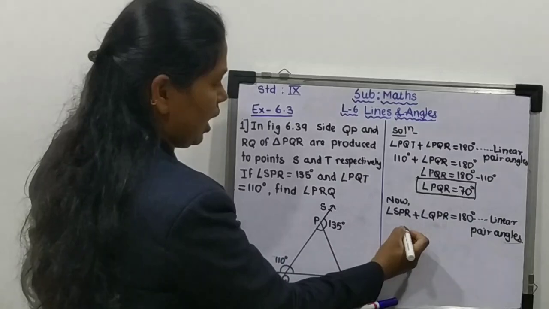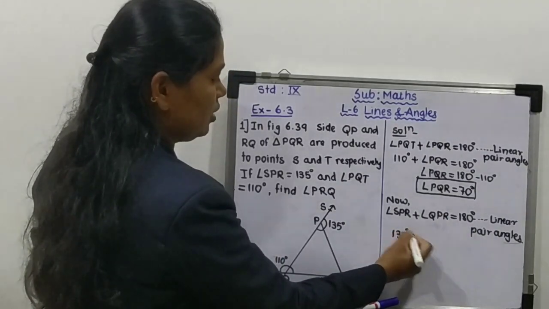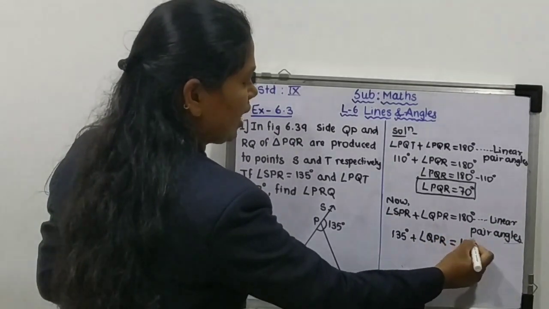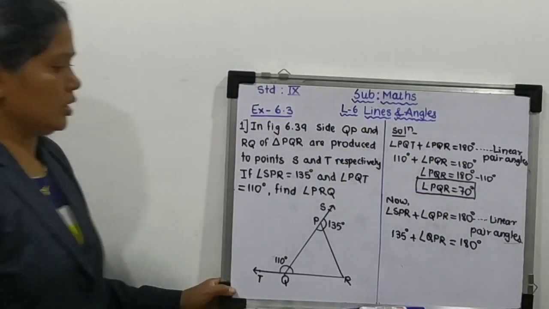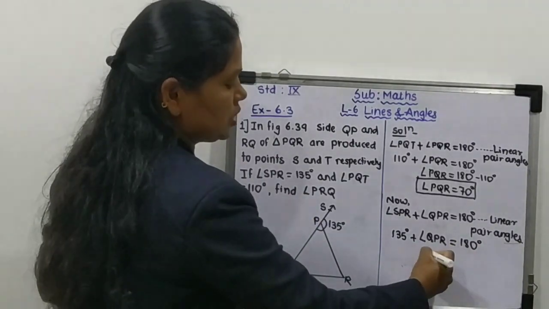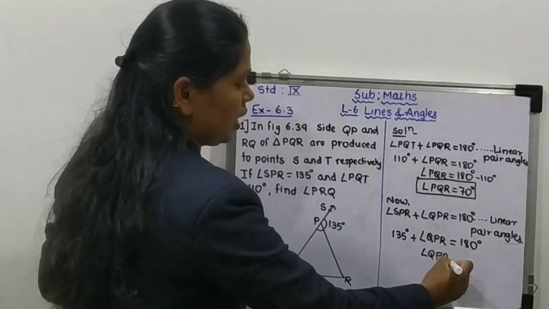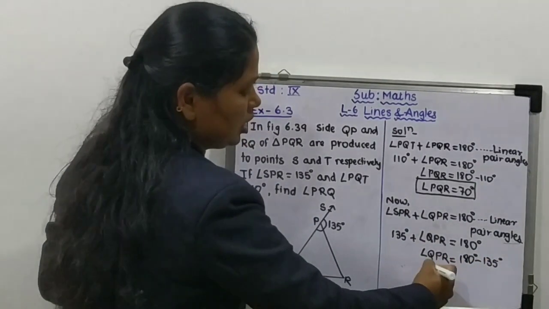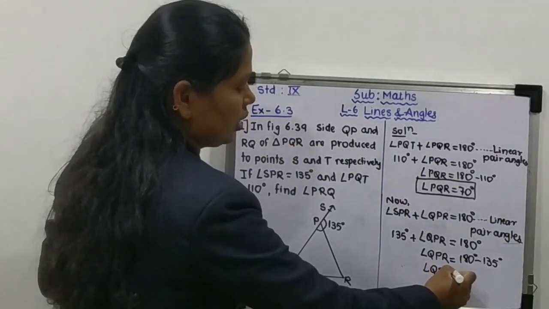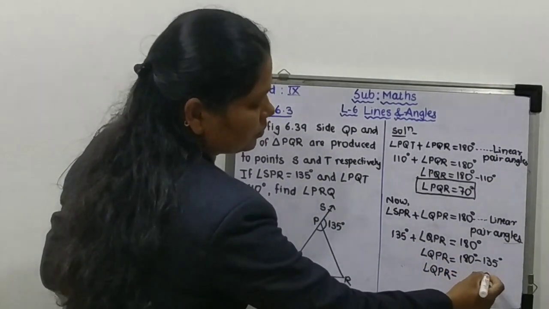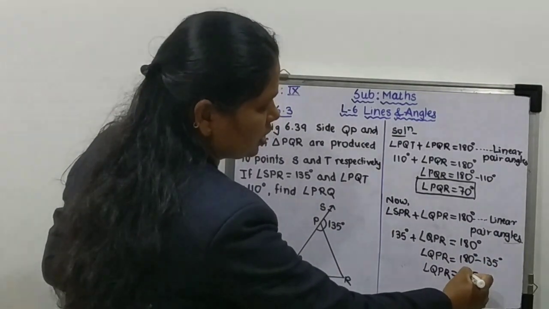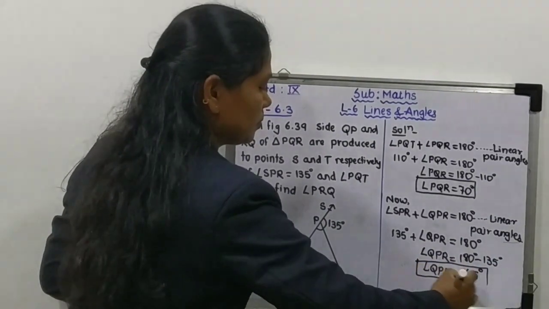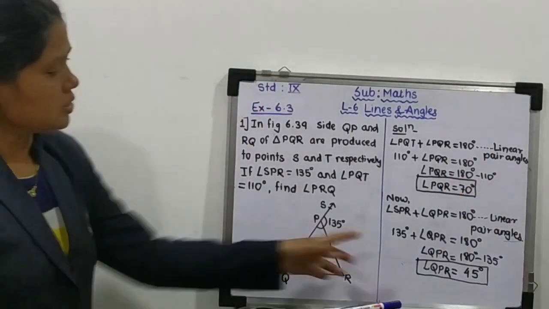Angle SPR is 135 degrees, angle QPR we don't know, so it equals 180 degrees. Now transpose 135 degrees, so angle QPR is equal to 180 minus 135 degrees, so angle QPR is 45 degrees. So this we got.